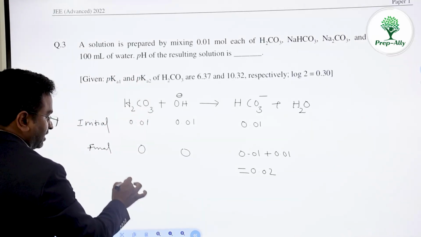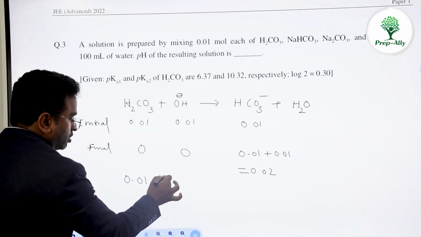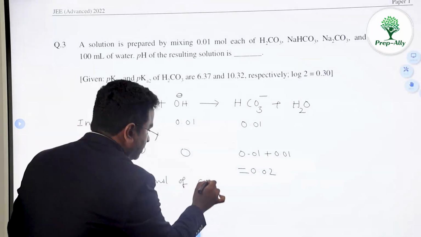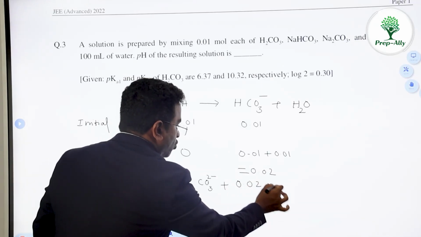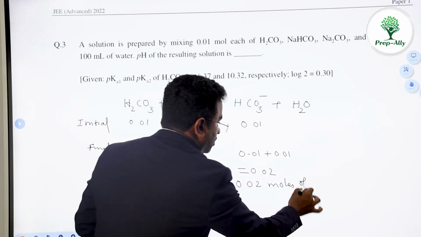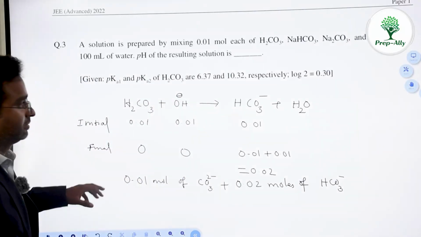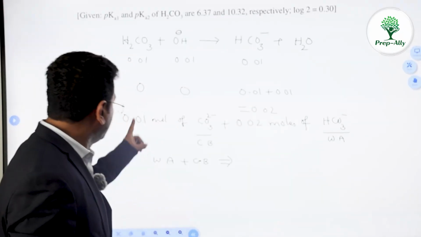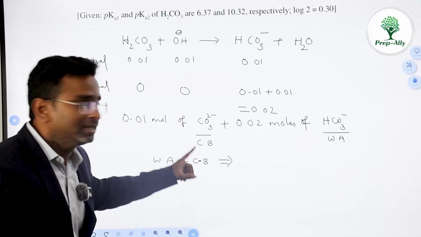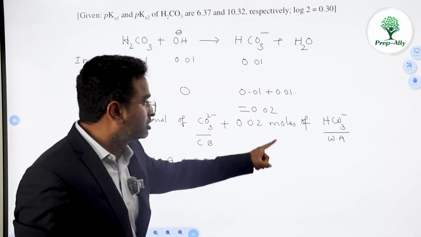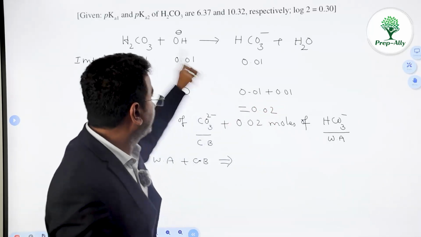So the combination now is 0.01 mole of CO3 2- plus 0.02 moles of HCO3-. Finally, we are left with 0.01 mole of CO3 2-, which was originally present in the solution, plus 0.02 moles of HCO3-, out of which 0.01 has been produced from this reaction.